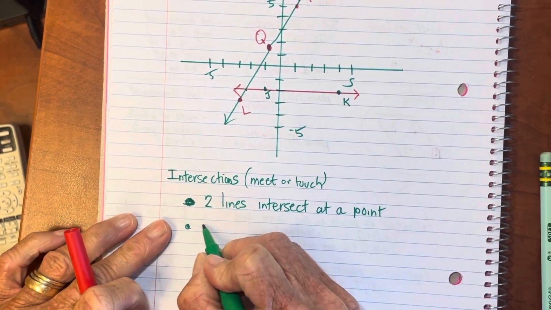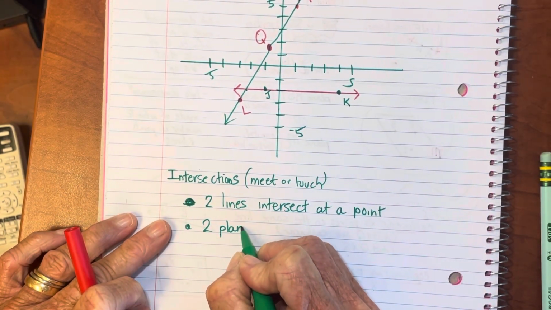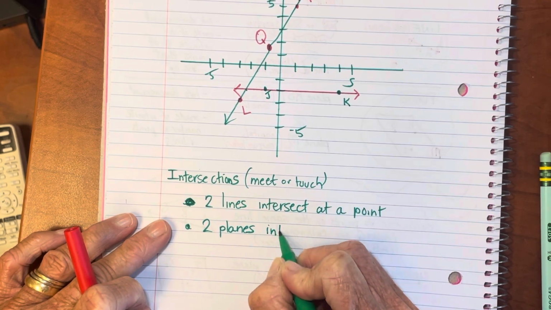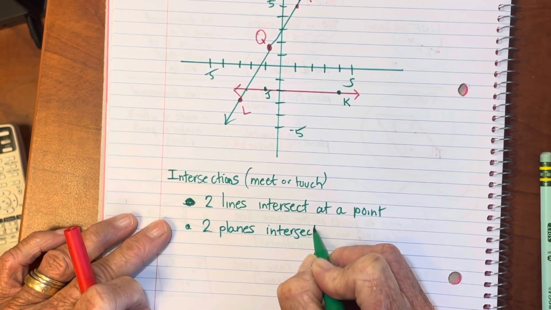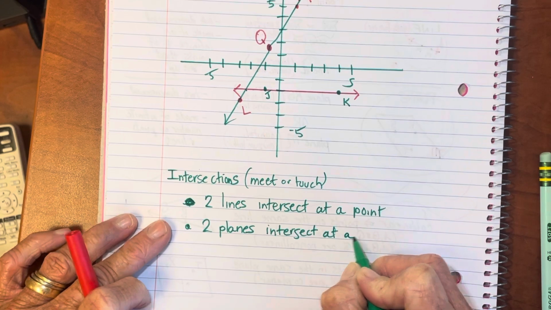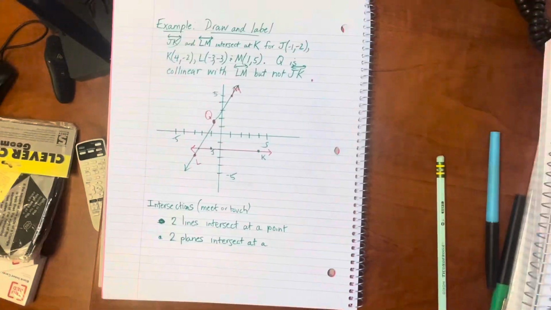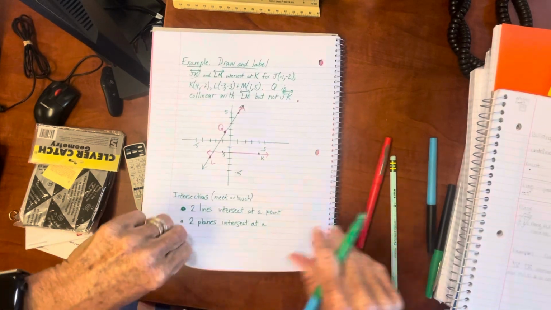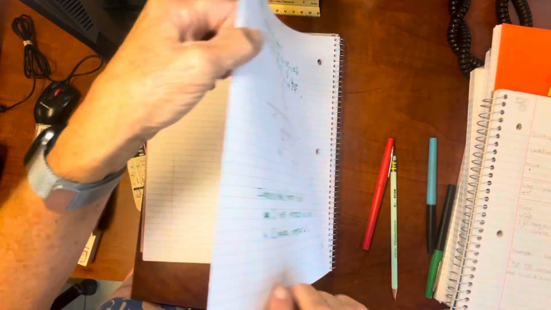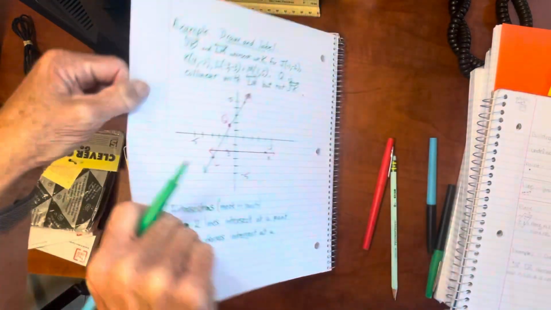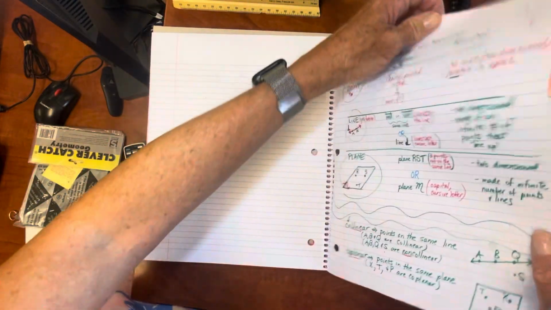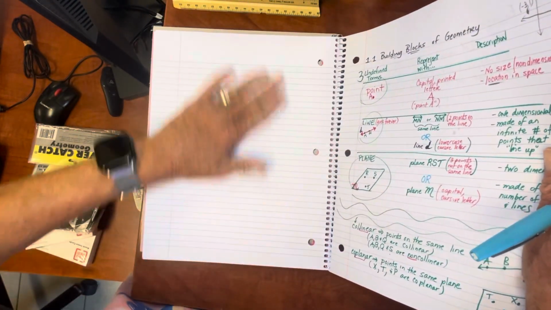And planes, if two flat surfaces intersect, two planes intersect at a, so let me just quickly show you this. We can talk more about this tomorrow if we need to. Let me zoom out for a second. So this piece of paper is a flat surface. It's a plane. And if I move this around, this is also a plane.